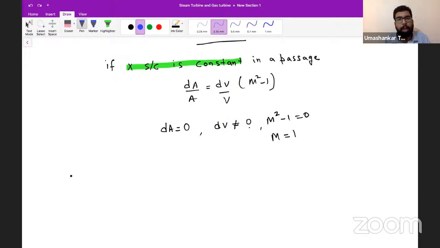Let's say the entry to the nozzle is subsonic.